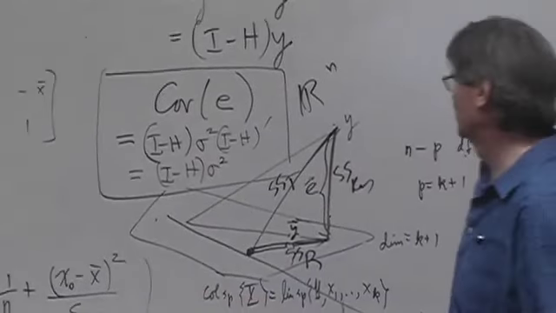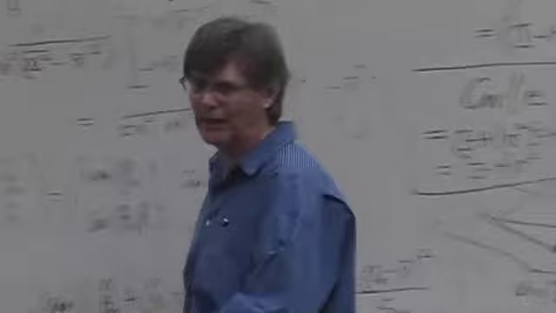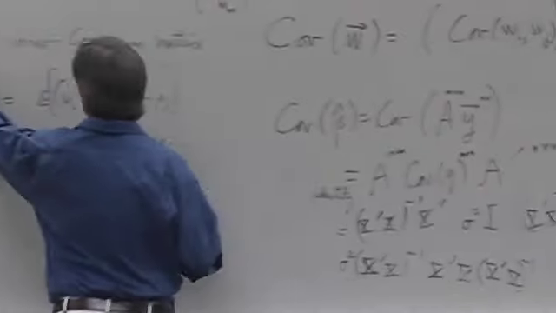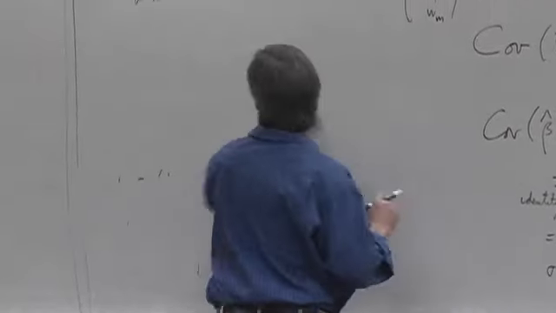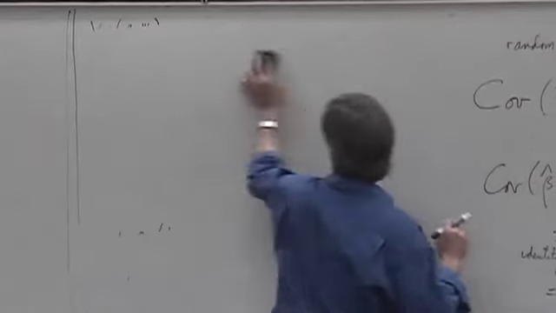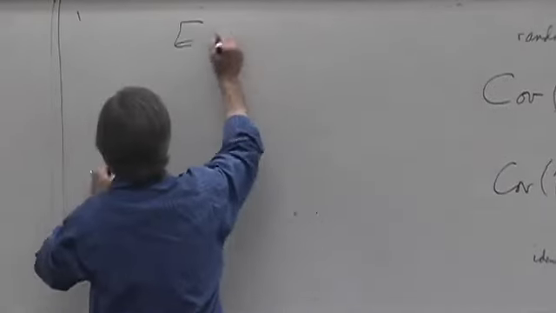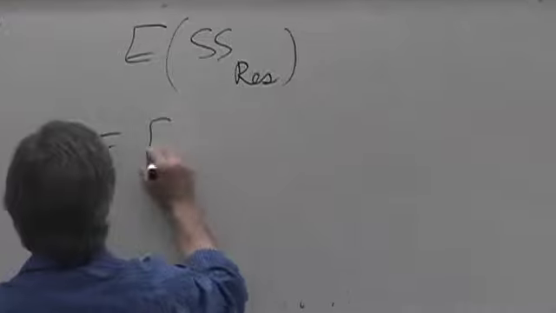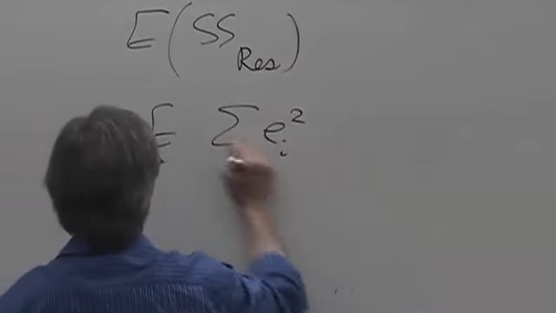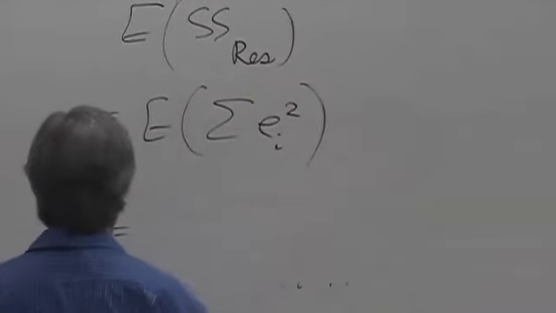Now I can calculate the expectation of SSRes, which is the expectation of the summation of the ei squareds.